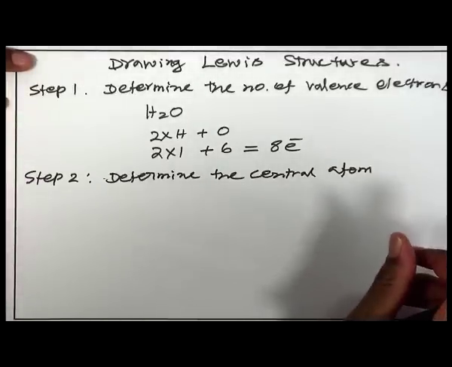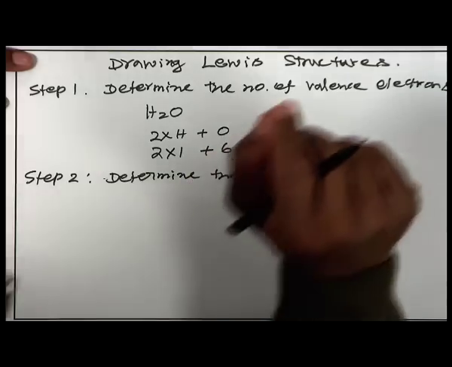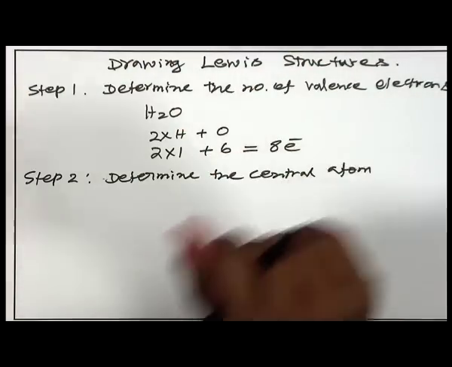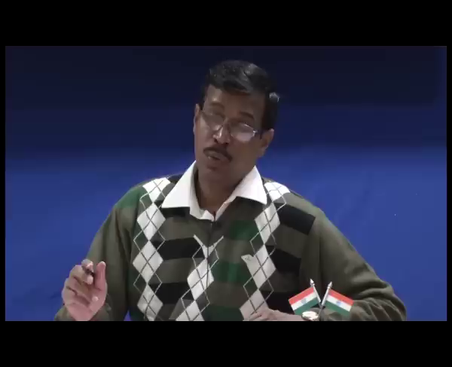If you take a molecule, there will be an atom surrounded by other atoms. The middle atom is called the central atom. How to determine the central atom? Usually the central atom is the less electronegative element, or the element with the greatest bonding capacity.